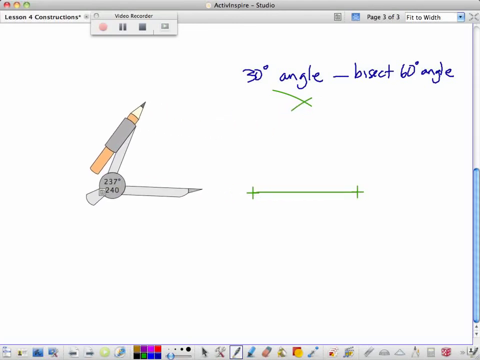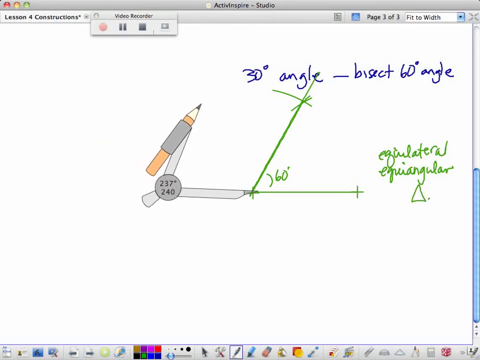If I connected it here, I'd have an equilateral triangle, but I don't want to connect it. I just know this is a 60-degree angle, because in an equilateral triangle, each angle is 60 degrees. Equilateral or equiangular, right? So I've just made a 60-degree angle. What do I need to do? I need to bisect it.